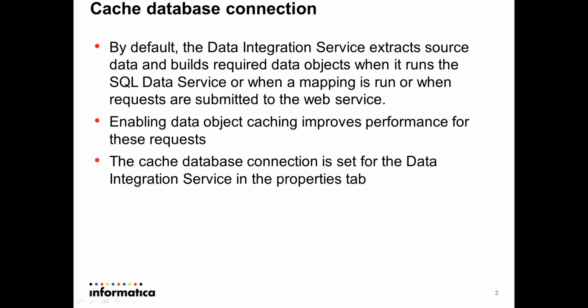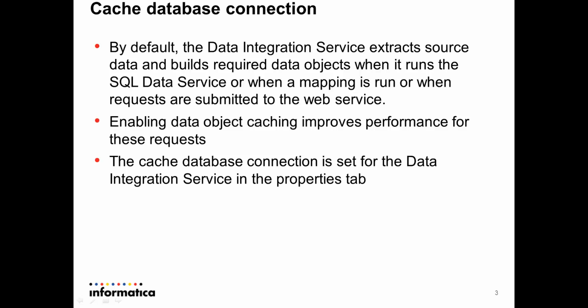Discussing data object caching in brief, whenever the data integration service is submitted with a SQL data service request, a mapping run request, or a web service request to extract data, the integration service extracts the data from the source and returns the data to the user.